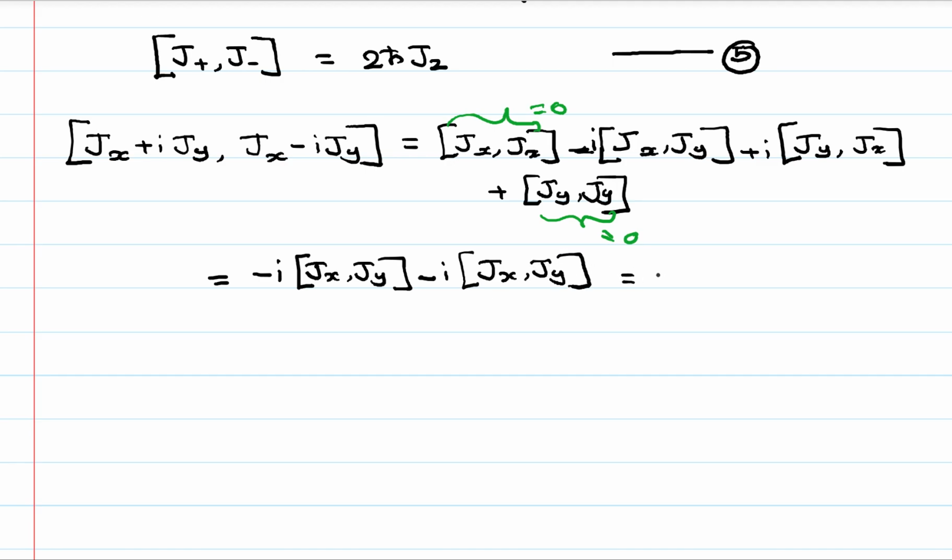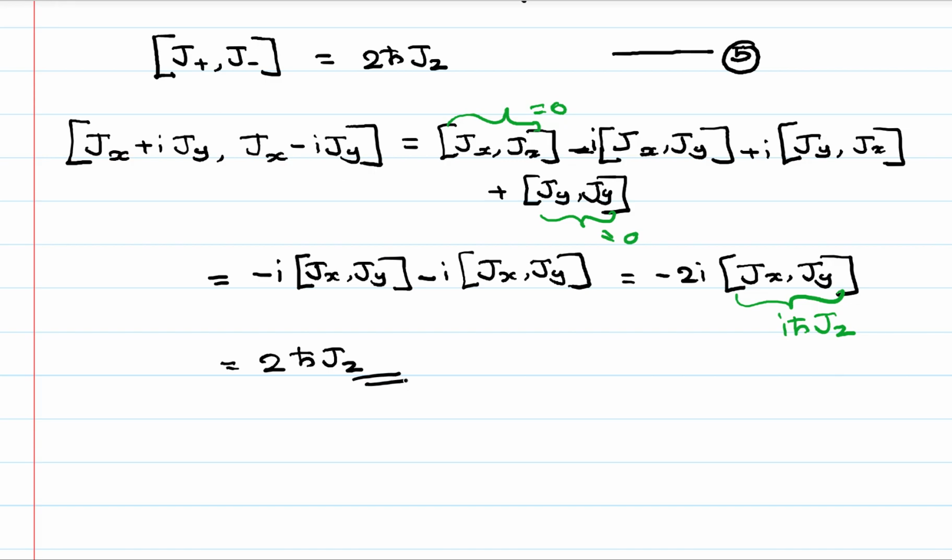So this is equal to minus 2i times the commutator of jx and jy. We know that the commutator of jx and jy is equal to i h cross jz. So i into i, which is i square, is minus 1, and minus 1 into minus 2 is 2. So the answer here is 2 h cross jz. So this we have proved.